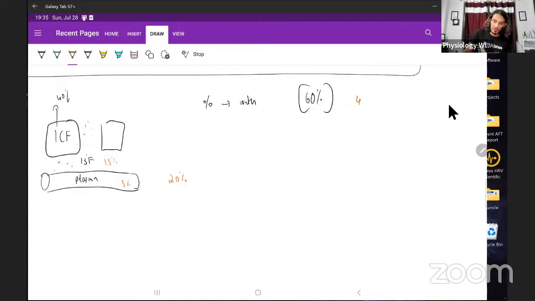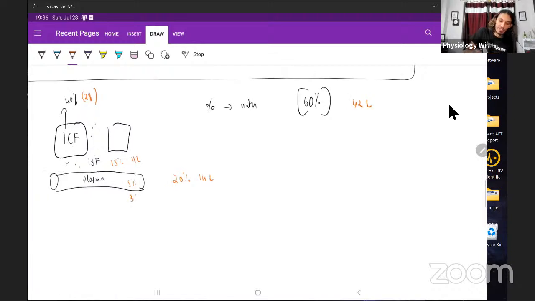You can talk about 42 liters, this becoming your 28 liters for ICF and 14 liters for ECF. And here you can talk about 11 liters and 3 liters. So this basic thing you can talk about in terms of composition.